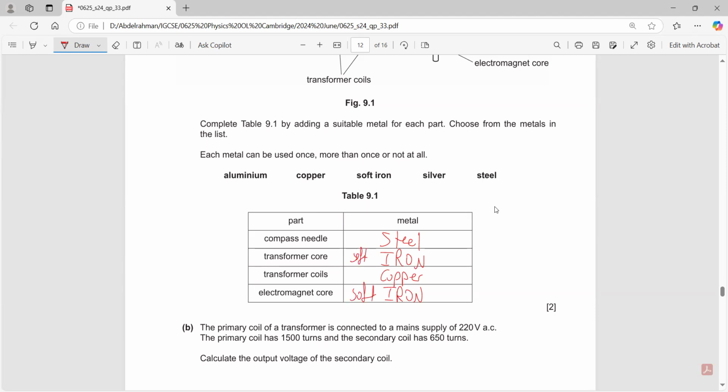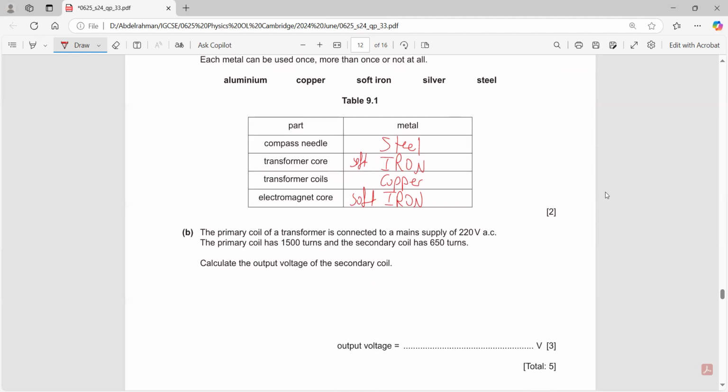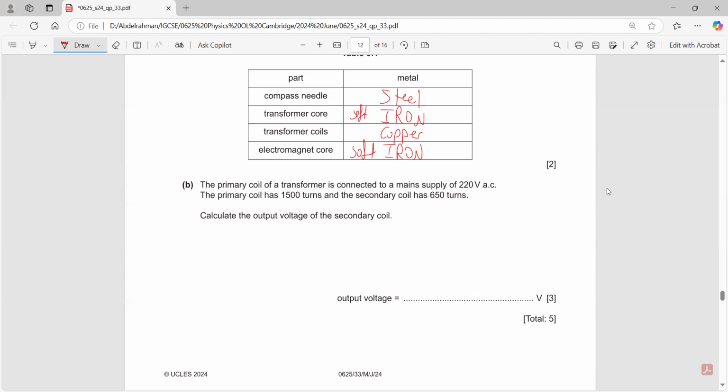VIT is the electrical energy. The primary coil of a transformer is connected to a main supply of 220 volts. The primary coil has 1500 turns and the secondary has 650. Can I find the output voltage? Yes. VP over NP equals VS over NS.